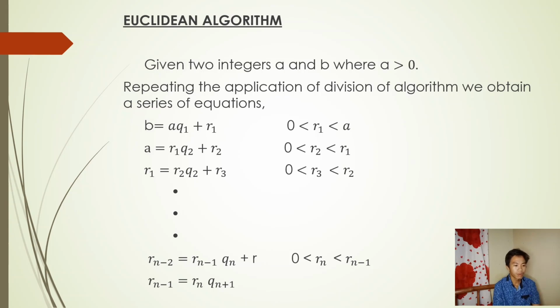r sub 1 is equal to r sub 2 q sub 3 plus r sub 3, where r sub 3 is greater than 0 but less than r sub 2. r sub n minus 2 is equal to r sub n minus 1 q sub n plus r sub n, where r sub n is greater than 0 but less than r sub n minus 1. r sub n minus 1 is equal to r sub n q sub n plus 1.